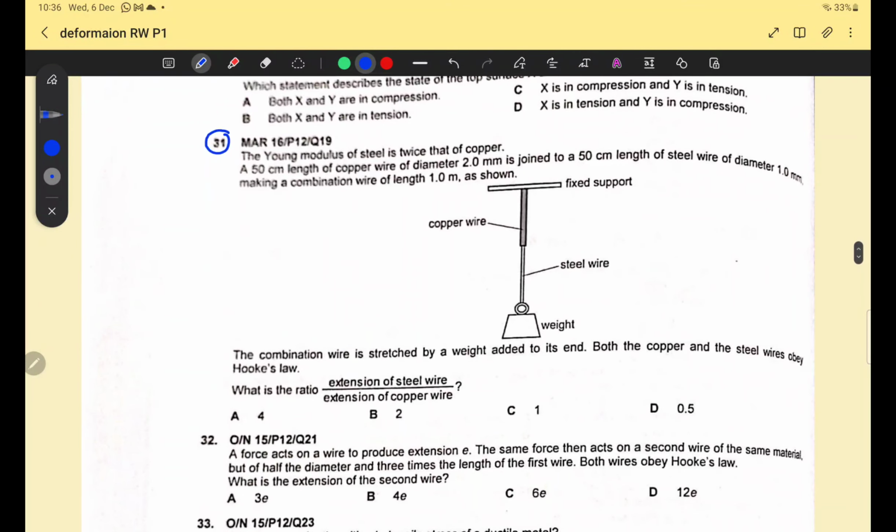Anjum beta, now it is your turn. You have to calculate extension divided by extension. It means you are going to calculate the ratio of extension. If we are calculating a ratio, which method should we use?